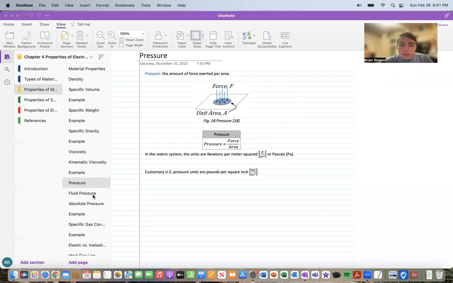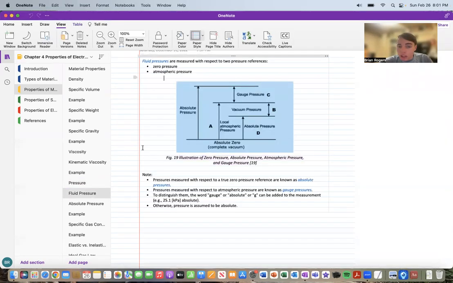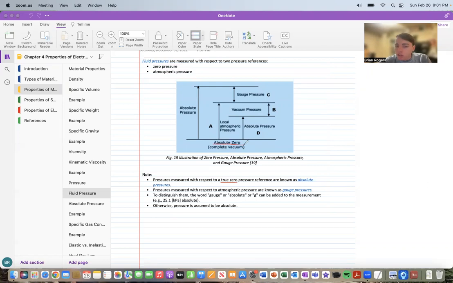Okay, now that we talked about that, we're going to look at fluid pressure. So fluid pressure refers to two pressure references, zero pressure and atmospheric pressure. What we're going to see here within the diagram is that pressures are measured with respect to true zero. When we talk about true zero, that's absolute zero here.